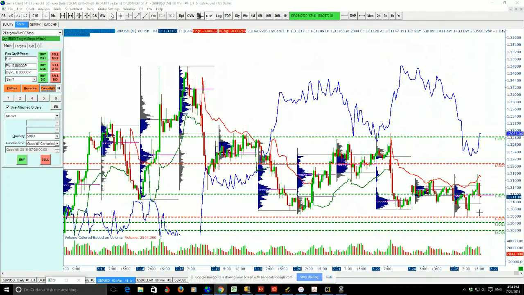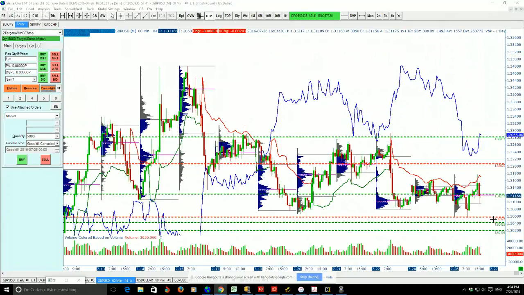So what I'm basically looking for is for price to come back down again before I'm going to make an entry here, and perhaps touch this line again, this low value node again, and then move up. If it doesn't do that, then I'm looking for price to steadily move up through to the 132 zone, right?